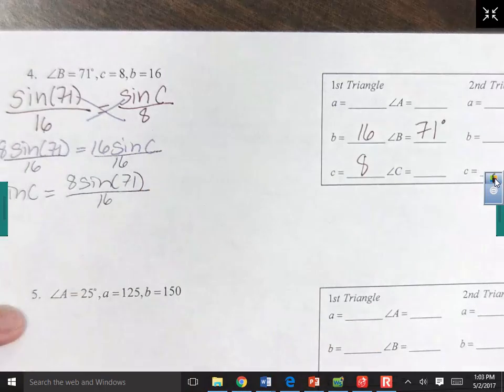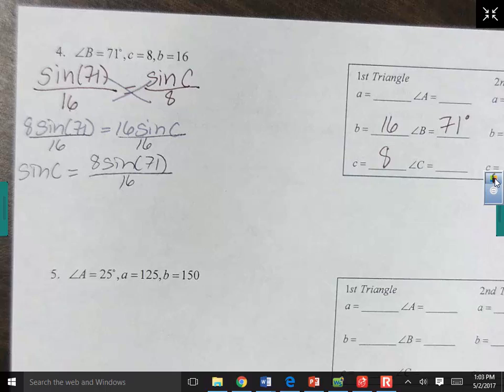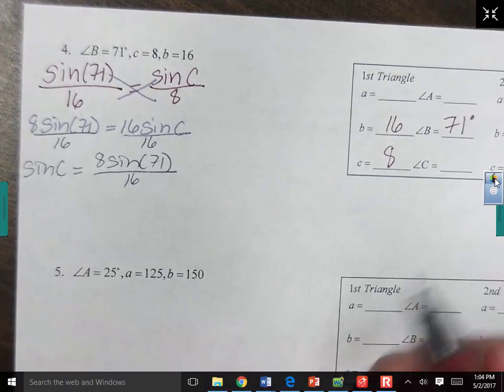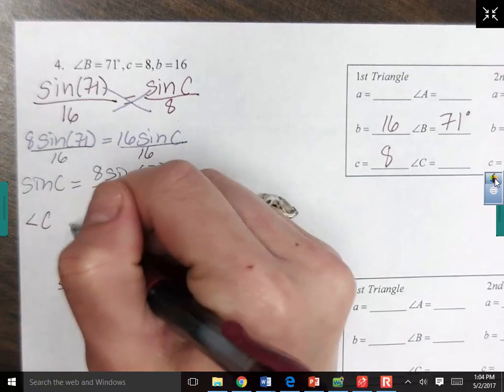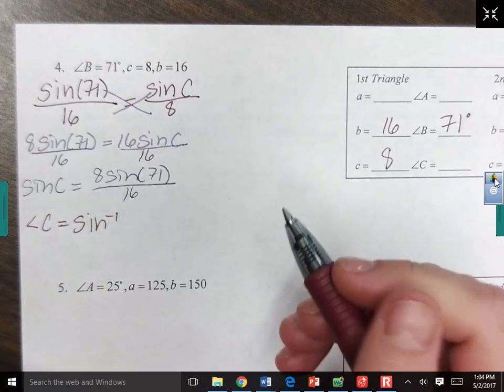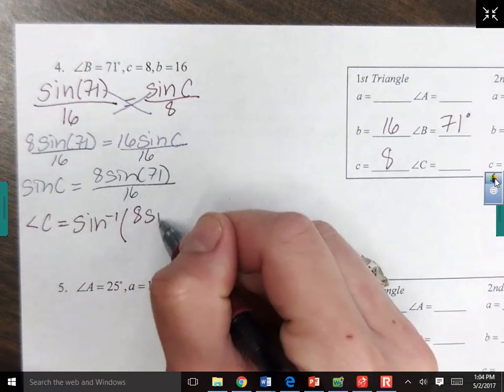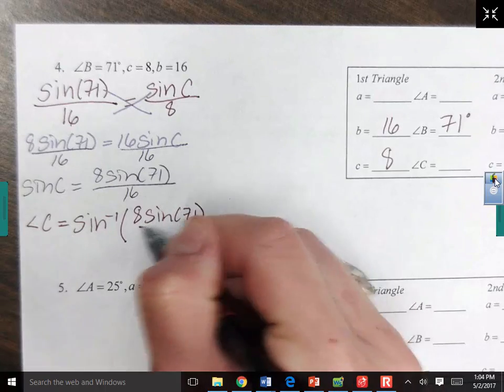Now, Alexia, let me ask you this. How do we find C? Just the angle C. You take the sine inverse of all of this, which is 8 sine of 71 divided by 16.